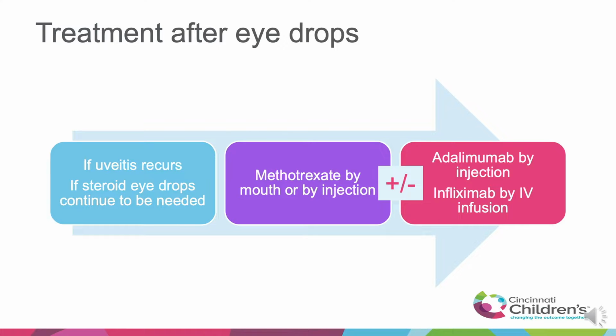And we also worry that continued inflammation in the eye can cause damage. So the systemic treatments that are used are very similar to those that are used for JIA. So we also use methotrexate either alone or in combination with infliximab and adalimumab. And the treatments that are used are determined by the findings in the eye. And similar to JIA, treatment is needed for several years.